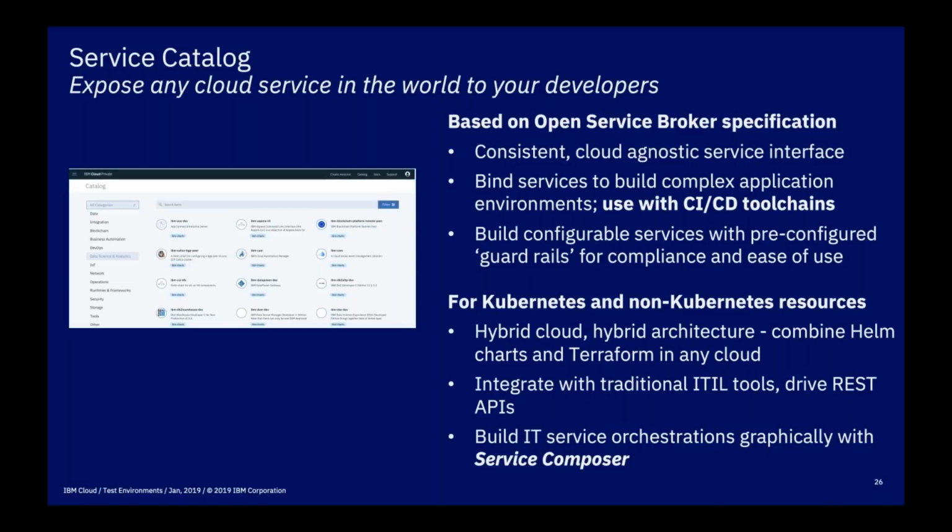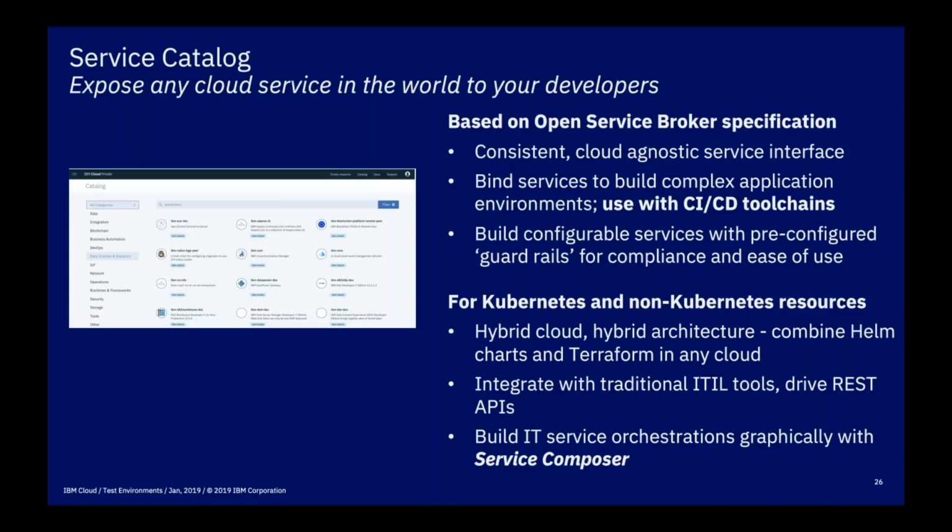It allows you to develop and deliver cloud agnostic interfaces to services in a very consistent, repeatable way. The Open Service Broker spec provides a well-architected way to bind services together. So if you need to use your CI/CD tool chains to combine a half dozen different services into a final application, you can do that through the Open Service Broker spec.